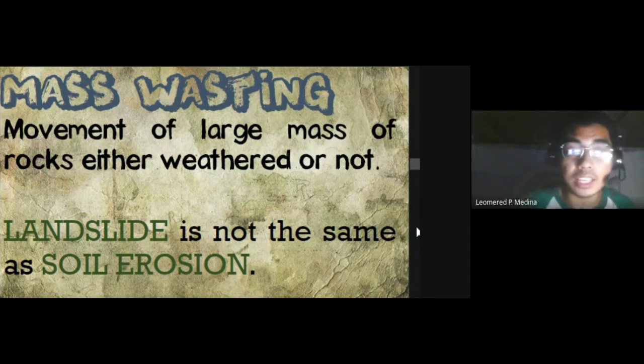Okay? While in the case of the landslide, it can also involve large boulders and even much larger materials. So landslide is a larger scale than soil erosion. Okay? Soil erosion could actually happen in a small area only. But in the case of a landslide, it can happen on a large area.